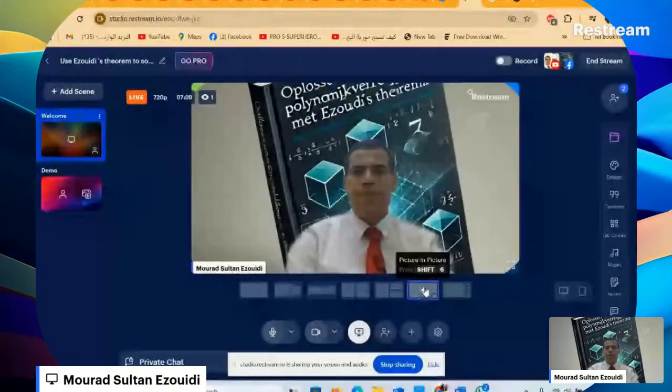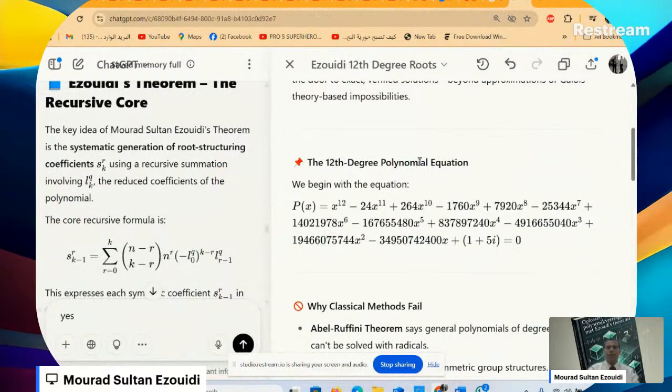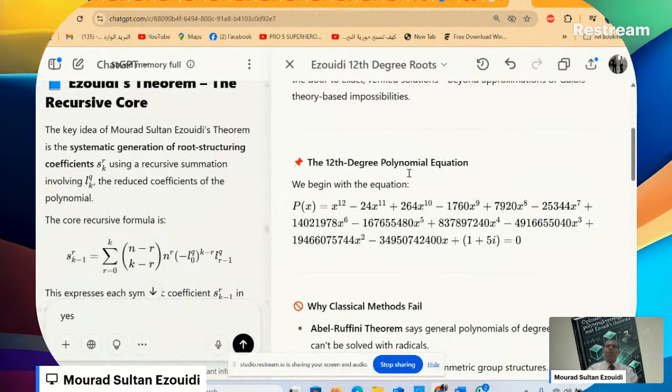Okay, so here is our 12-degree equation.